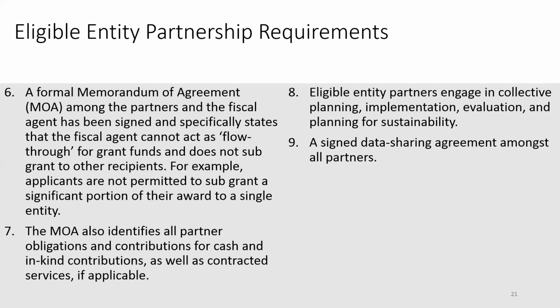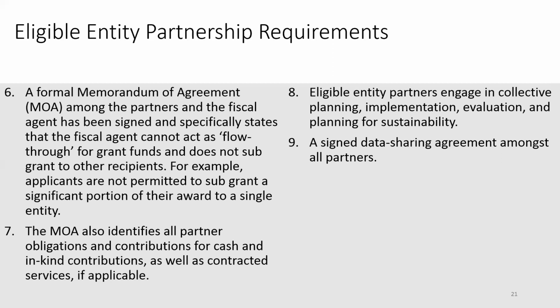So either the school district, the ESD, or community-based organization that is actually going to be receiving the money is the fiscal agent. And we'll want to see that your MOA is current and signed by all of the really important people who are going to have responsibilities and oversight in this project.